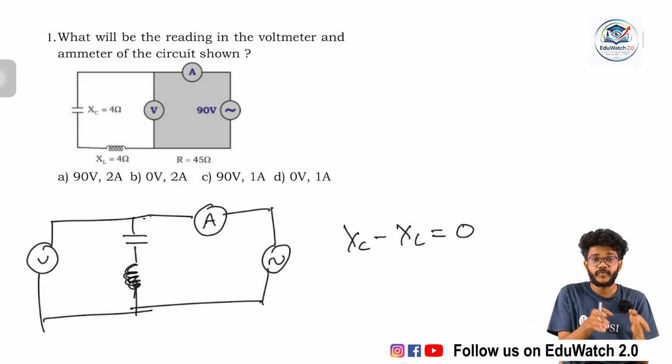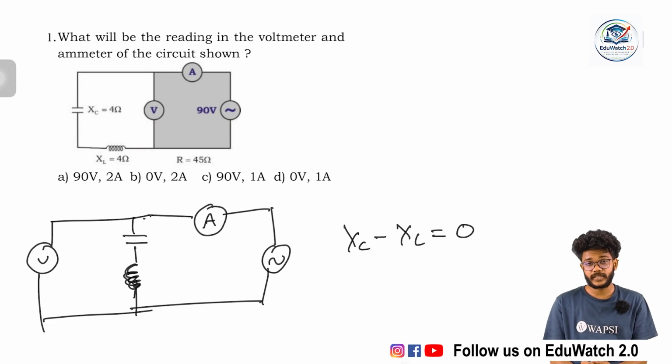If we are placing the voltmeter only across this Xc, it will be minus 90 or plus 90, and if we are placing the voltmeter across only XL, it can also be minus 90 or plus 90, whatever it is, but the total sum is always 0 because Xc minus XL is 0. So voltage is 0, voltage drop is 0.